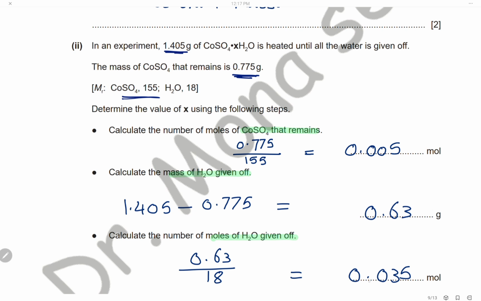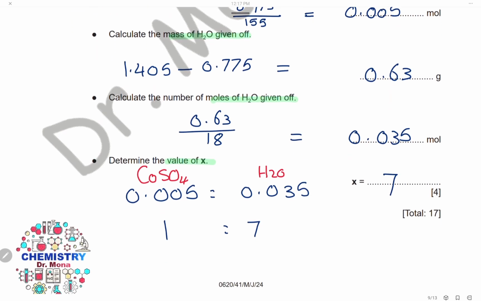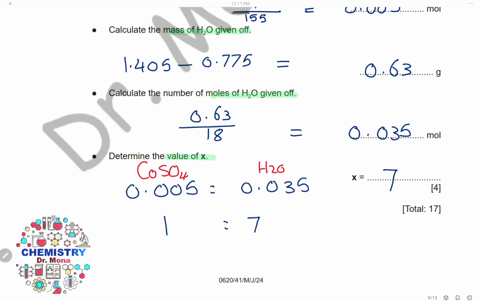So the number of moles of water will be 0.035. Now to calculate the value of X, we will make the ratio between the number of moles of cobalt sulfate and water. The ratio is 1 to 7. That means the value of X is 7. We have 7 molecules of water for every cobalt sulfate.